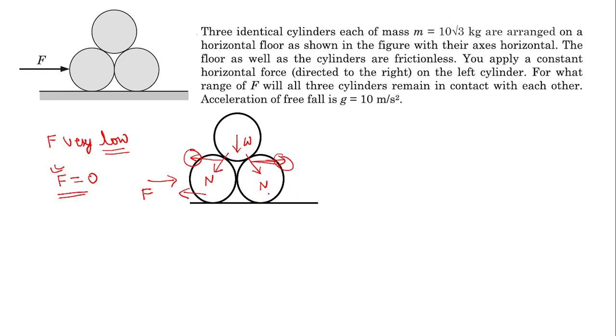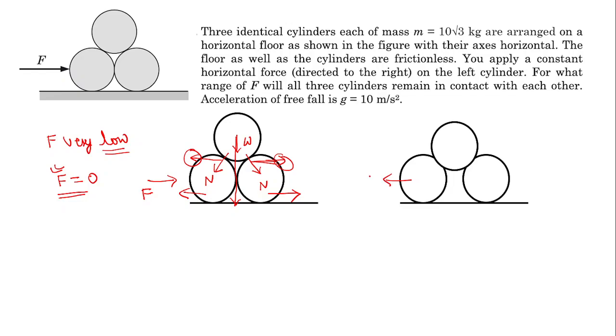This one will move this side, this one will move this side, and this block will come down in the space between them. Situation will be something like this. Here you see this ball will be moving this side, this ball will be moving this side, and this will be entering in between them. This is the situation when F is very low. In fact, 0 I have taken.